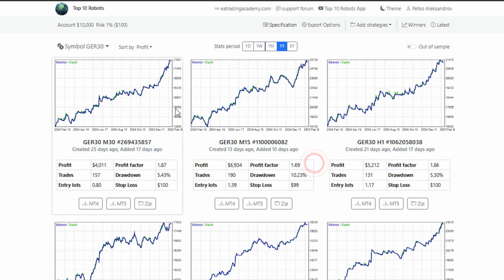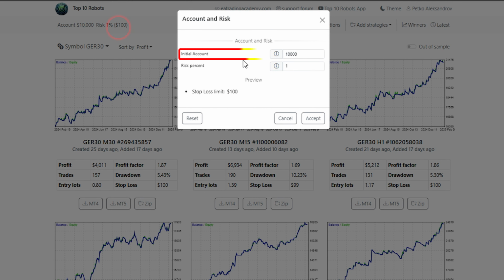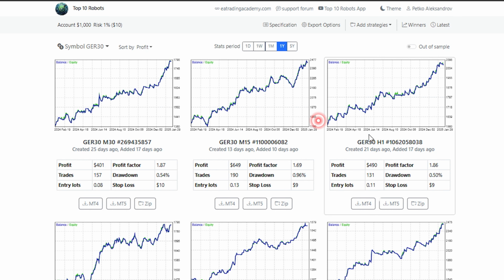This way, once you set up your risk, let's say you are starting with a $1,000 account and you want to risk just 1% per trade, or that is a stop loss of $10, and you export the expert advisors for MetaTrader 5 or MetaTrader 4, they'll be with the corresponding stop loss, take profit, and lot size.